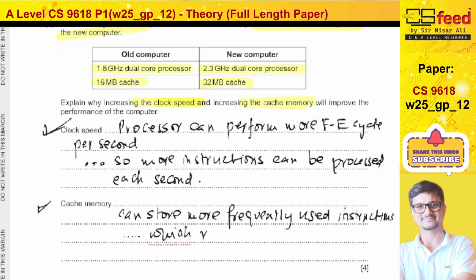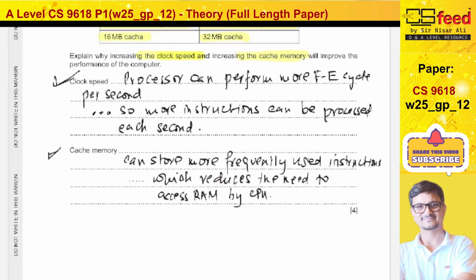Which reduces the need to access RAM by the CPU. So the CPU will not need to access the RAM for the instructions which are frequently used by the processor. All right.